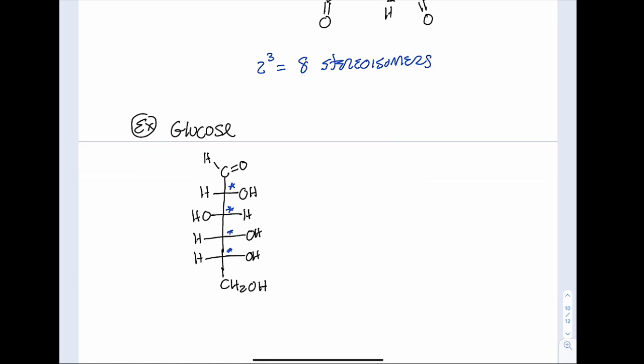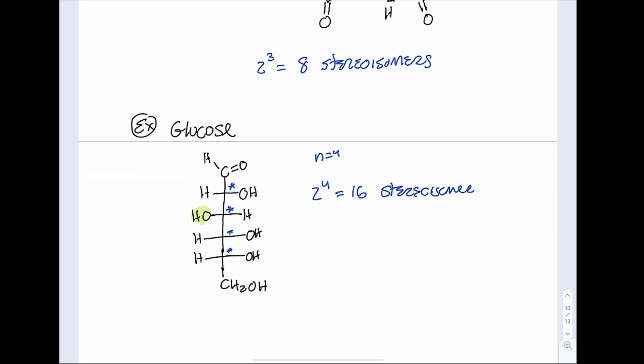And then if I look at the second one, again, I have this, and then this bottom half is different than this top half. You can continue, but all of those are chiral centers. So if I take 2 to the 4th power, because I have 4 chiral centers, n is equal to 4 in this case, I'm going to end up with 16 stereoisomers.